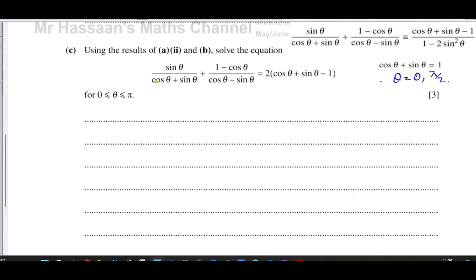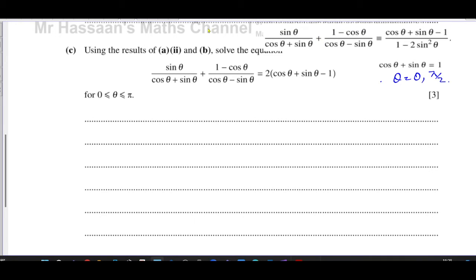Okay, so now we want to use the results of A part 2 and B to solve this equation. So if I look at what we have here, I can see that sine theta over cosine theta plus sine theta plus 1 minus cosine theta over cosine theta minus sine theta equals this. And that same thing is equal to that. So these two must be the same.